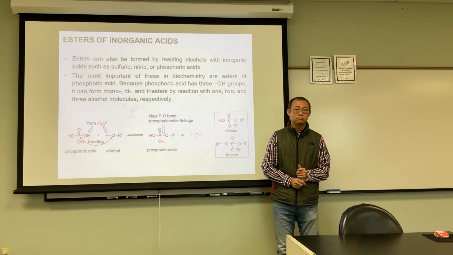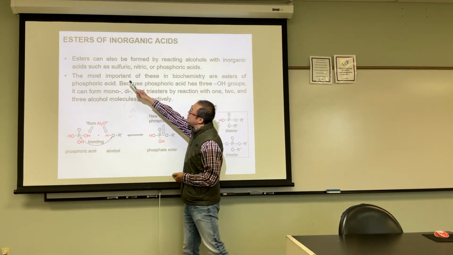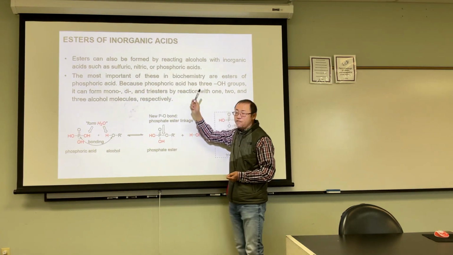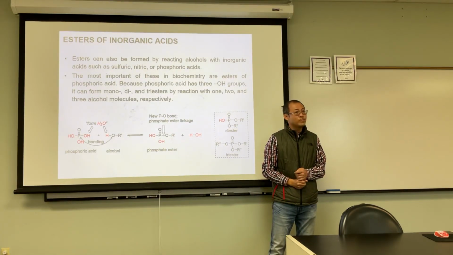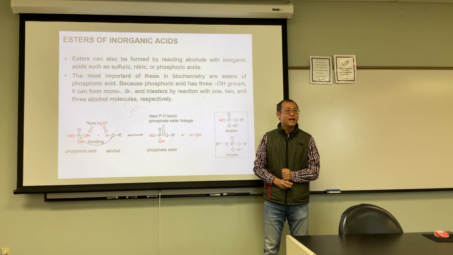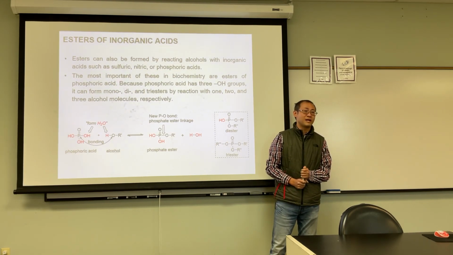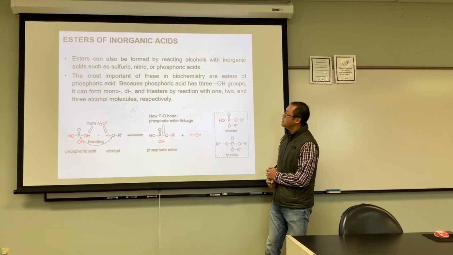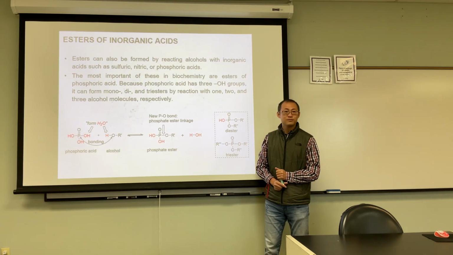Those inorganic acids include sulfuric acid, nitric acid, and phosphoric acid. We won't study them all, but we will take a look at the ester bond between phosphoric acid and alcohol, because that's most important in biochemistry.